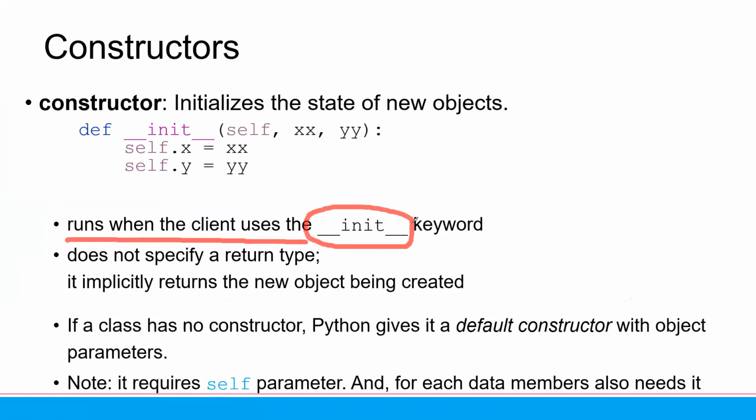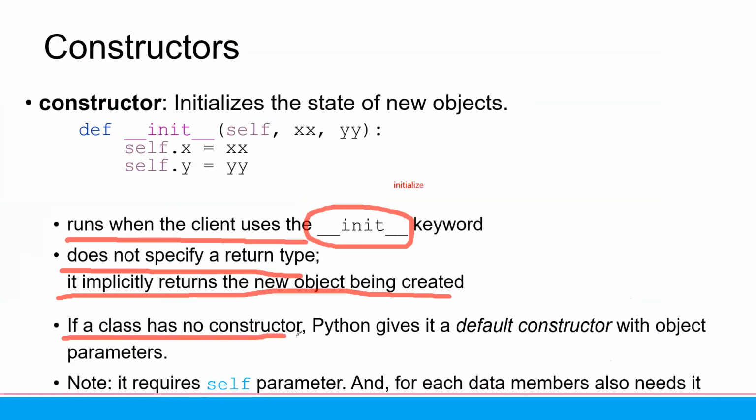The init is the initialize. It does not specify a return type. So we don't need any return type, and it implicitly returns the new object being created.